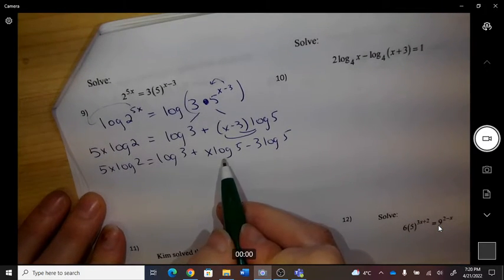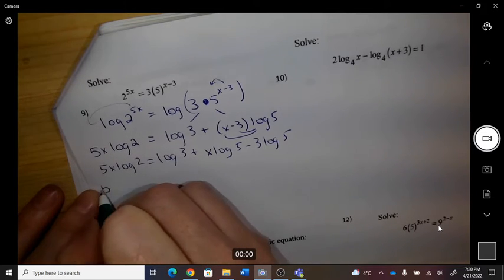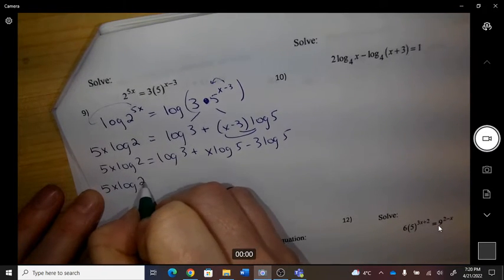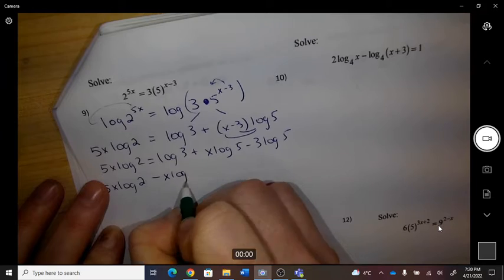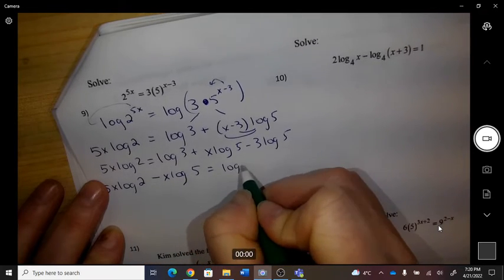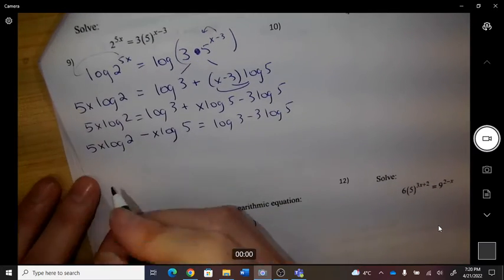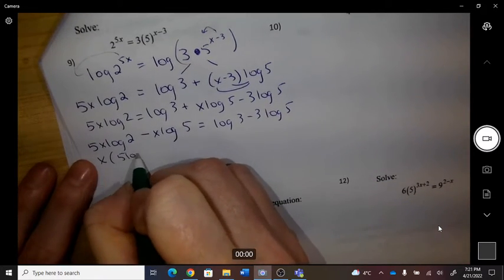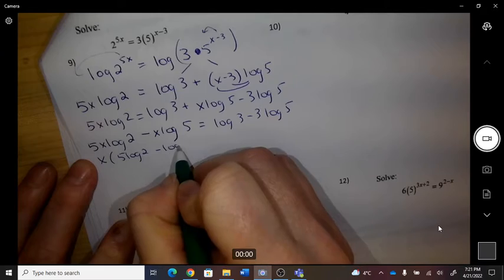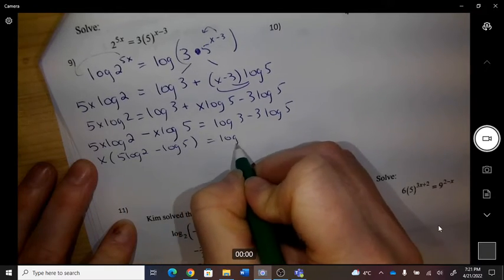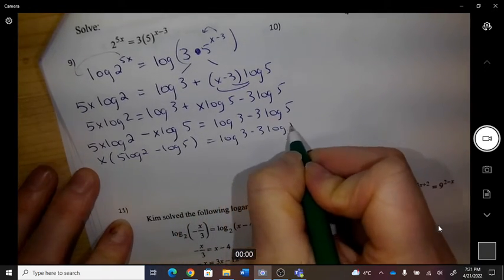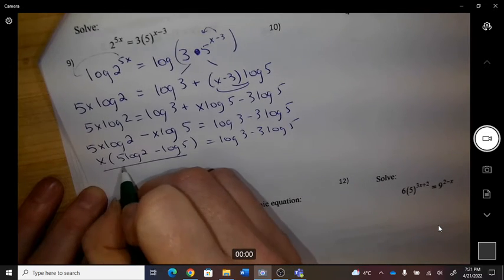Now everything that has an x in it, I'm moving over together. So minus x log 5. Now I'm going to GCF an x out. And to get x alone, I'm going to divide.